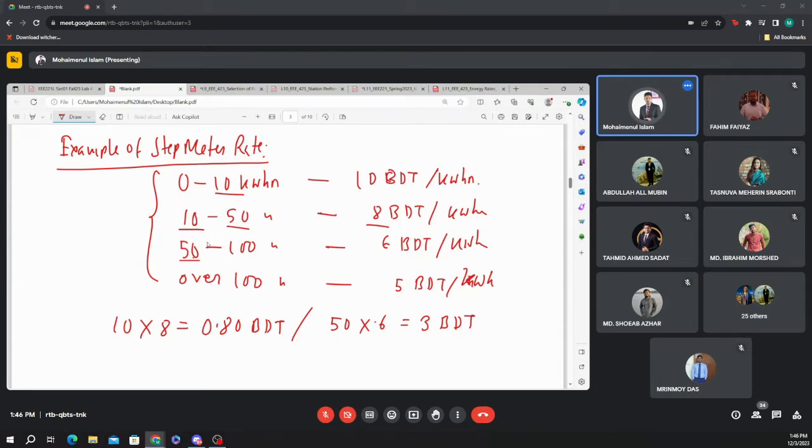Okay, 8 into 10, we can take it not as BDT, we can take it as paisa, or we can say cents, then it will make sense. So 0.80 and 0.3 BDT. These are cents, or we can say paisa, whatever.